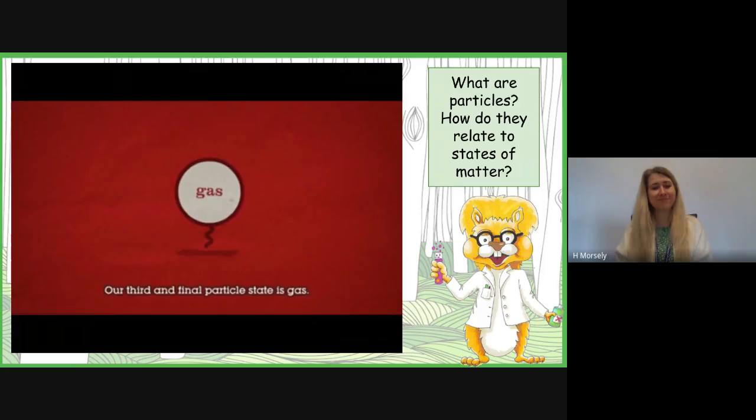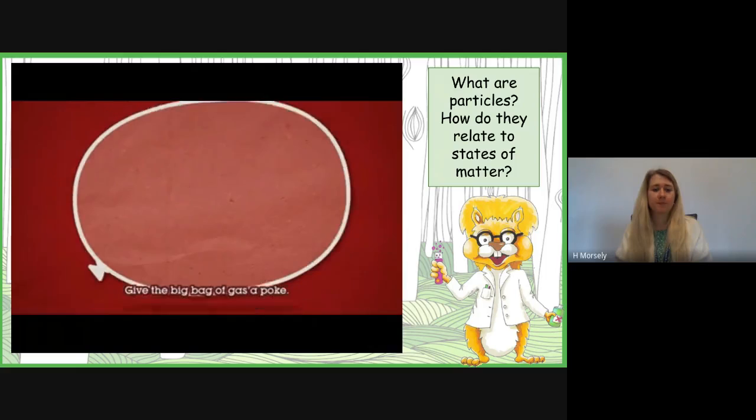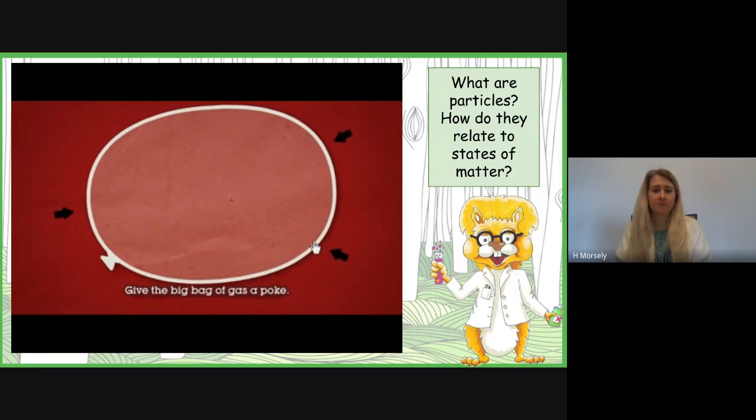Our third and final particle state is gas. Gas particles have no bonds. They move about all over the place very, very fast. Give the big bag of gas a poke. Gas particles always move to fill their container.